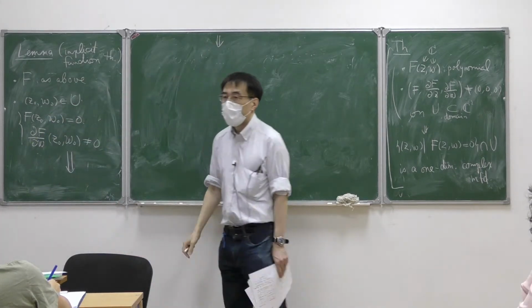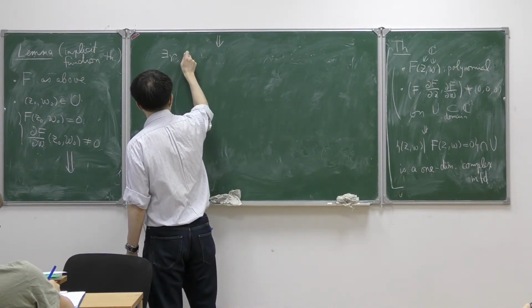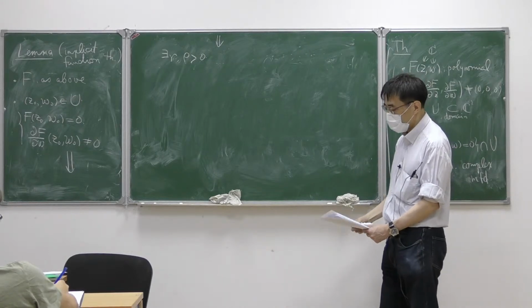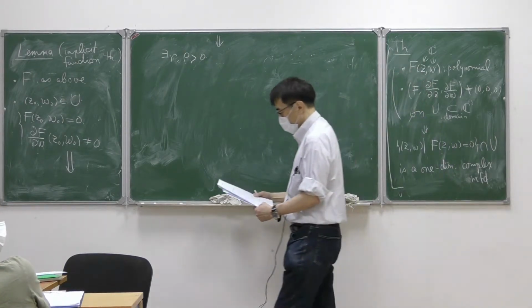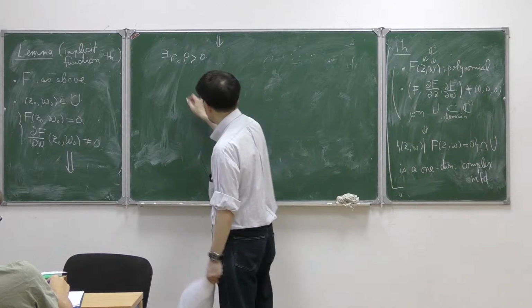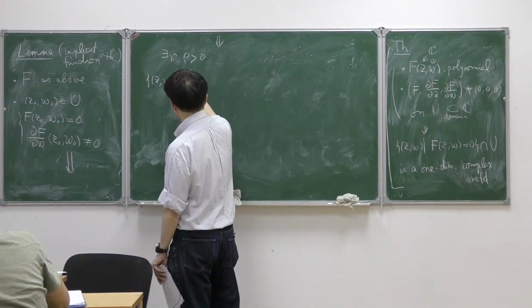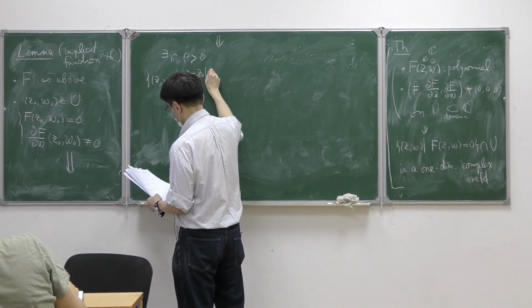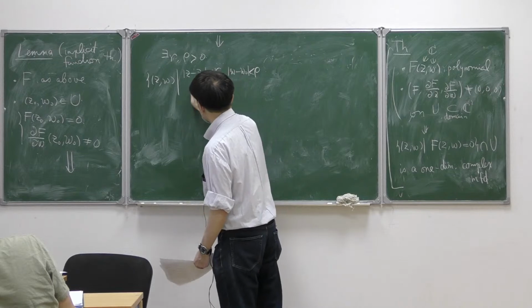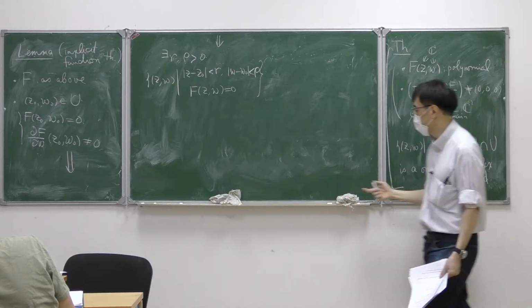Then if we take sufficiently small regions around this point and around z, like this, this is a subset of this set.